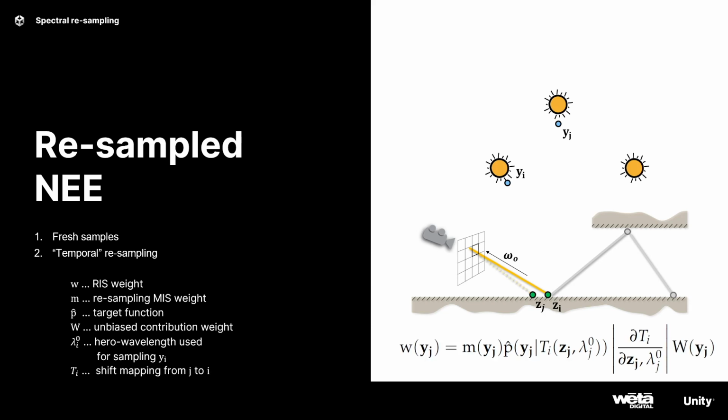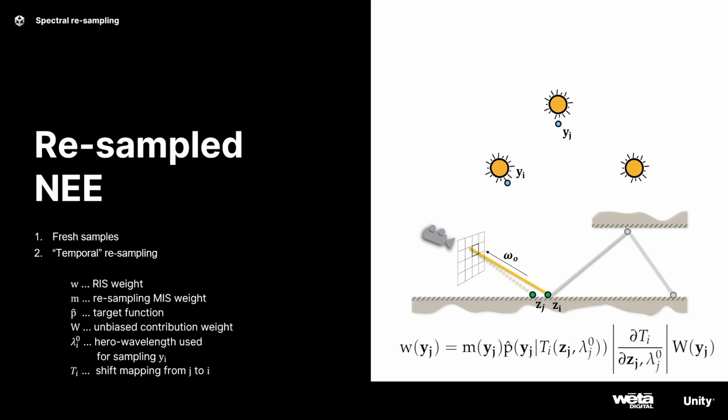To define the resampling weight of the previous sample yj, we need to acknowledge the fact that yj was sampled using another receiver point, zj, that was used in the previous iteration, together with a different hero wavelength, lambda 0j, that was also used for sampling that previous path.